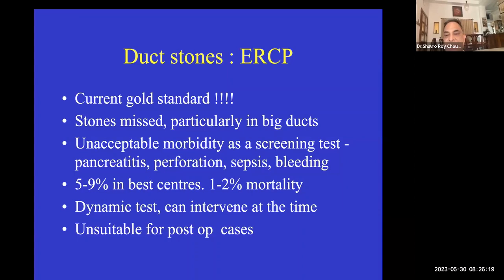Did I get this bit clear? This is very important. This is why ERCP as a diagnostic test can never be superior to MRCP. When it comes to EUS, it's a different matter because EUS is again cross-sectional imaging. You understand? Because you are actually looking at the wall of the bile duct as well as inside the bile duct. I'll come to EUS in a second.